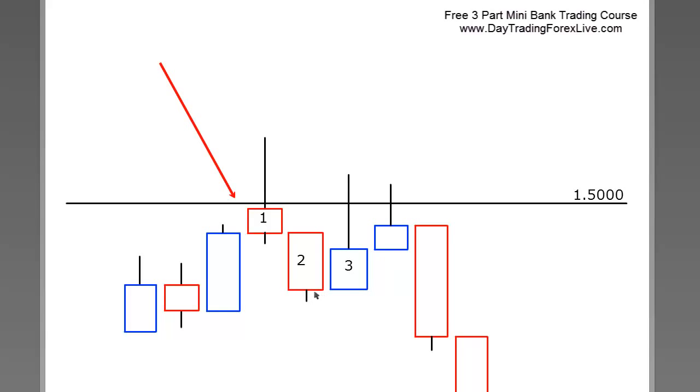At the close of this second candle, you may very well be about 15, 20, 30 pips away from the high of candle 1.